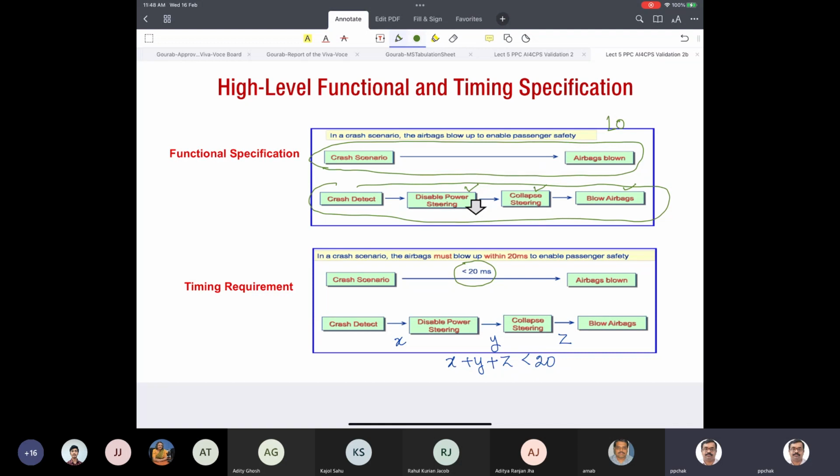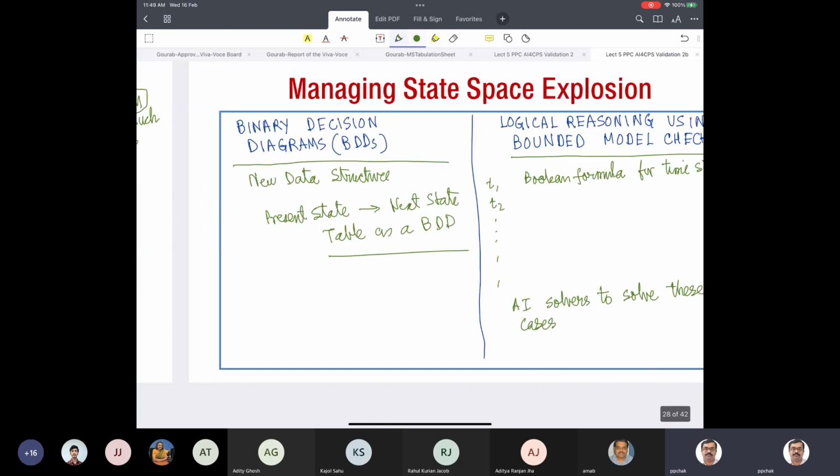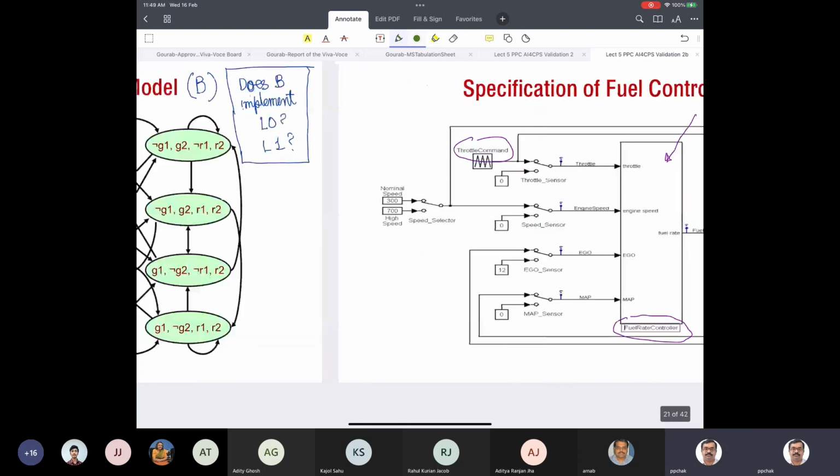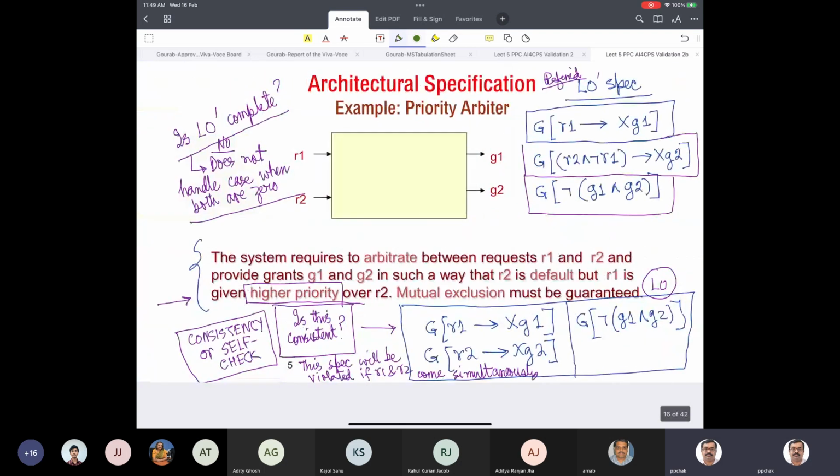When you go from timed L0 to timed L1, you will end up trying to find values of X, Y, and Z which satisfy this constraint. That is what I had very subtly written down in the example of the car controller that I had shown in the last class.